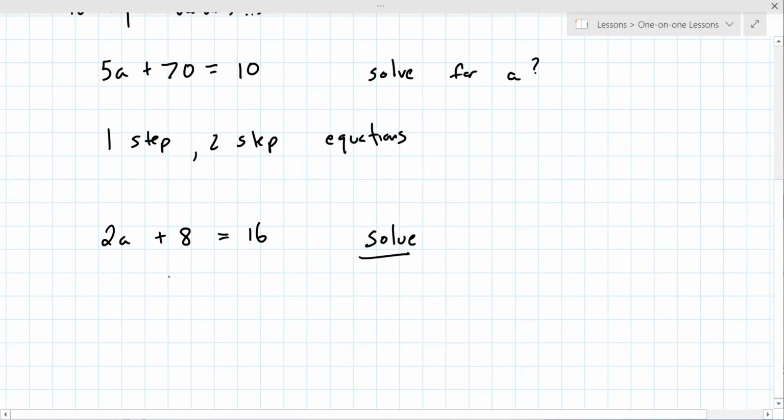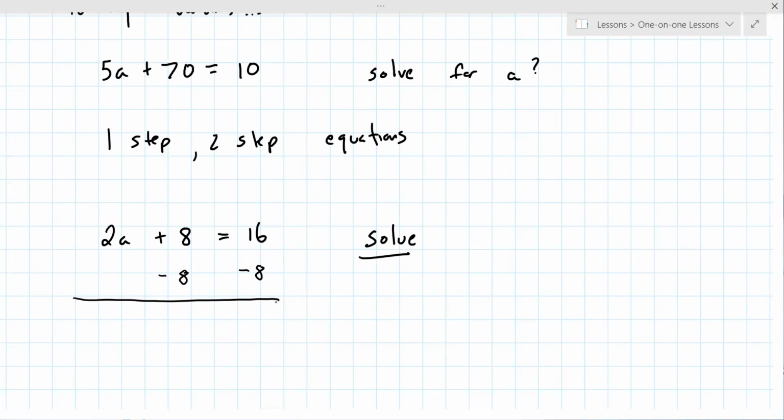Would you subtract 8 from both sides of the equation?